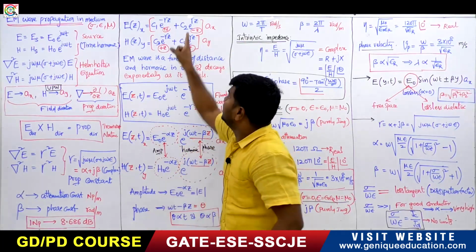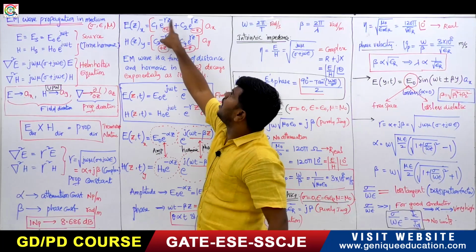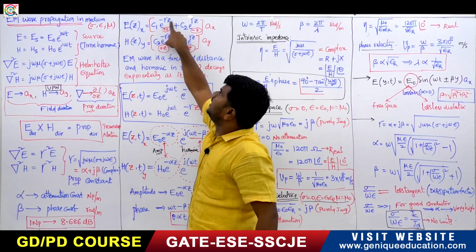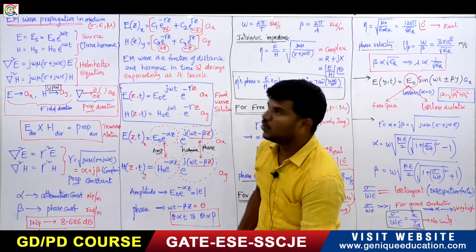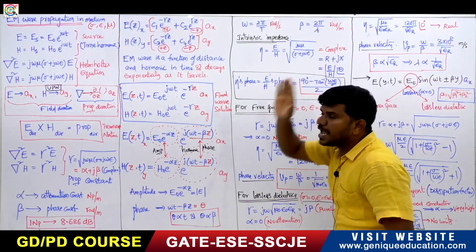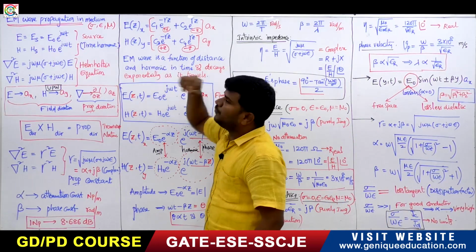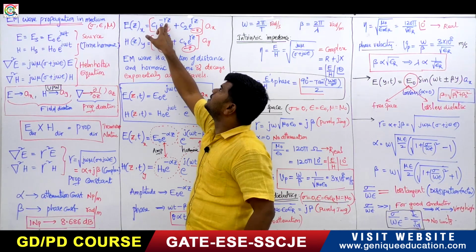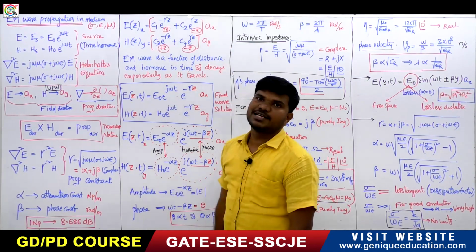How are they decaying? They are decaying exponentially. If you take this function or this function, both represent exponential decay only. That is the point you have to understand. With that concept, you will come to know this one represents the positive Z directed wave, and this one represents the negative Z directed wave.